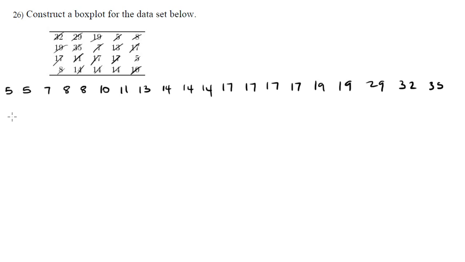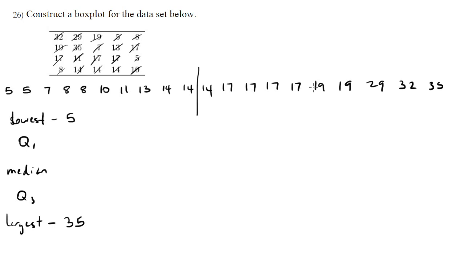So let's get this 5-number summary. Let's get the lowest, Q1, the median, Q3, and the largest. The lowest is 5. Largest is 35. Our median is right in between here, which is just 14.